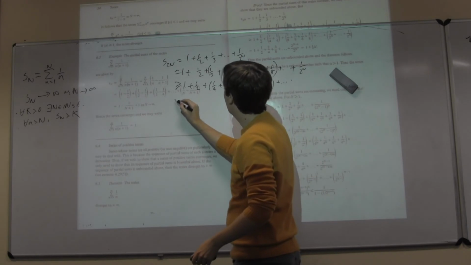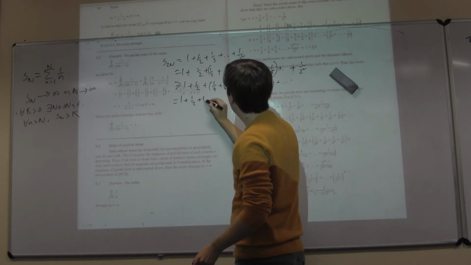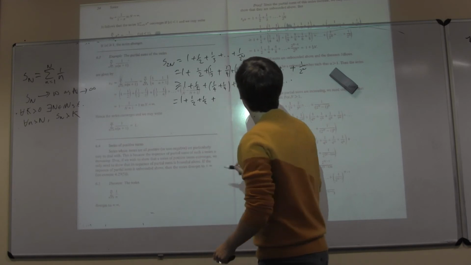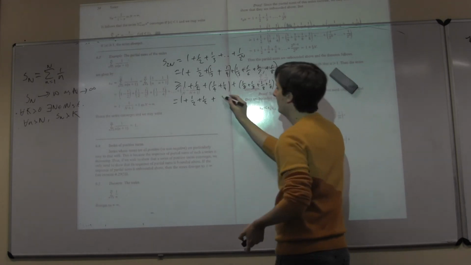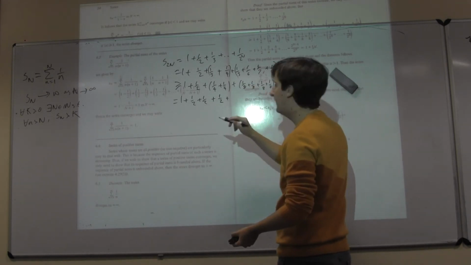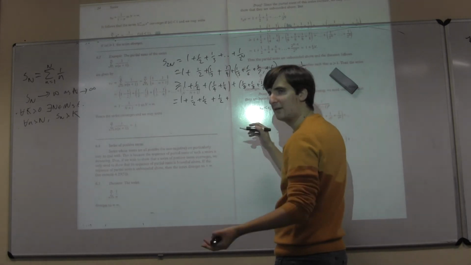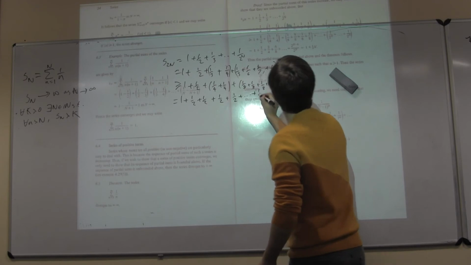What are these terms in brackets? The first one is 1, then we've got a half. A quarter plus a quarter is a half. 1/8 plus 1/8 plus 1/8 plus 1/8 is 4/8, so that's also a half. The next term would be 8/16, which is a half again. So this is lots of copies of a half.